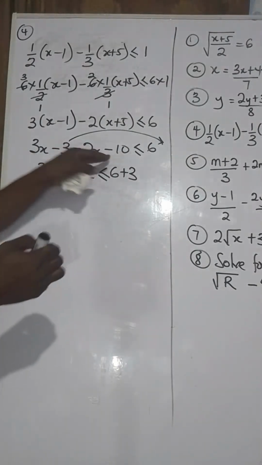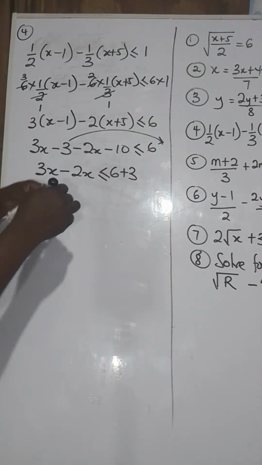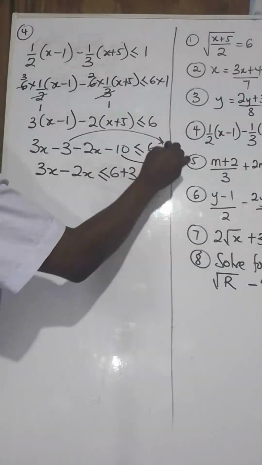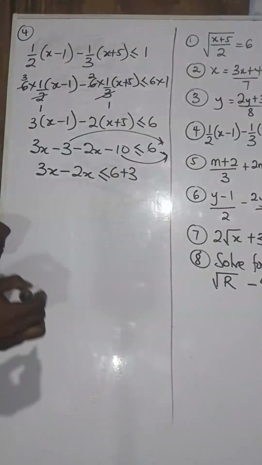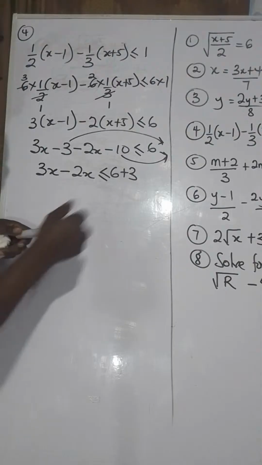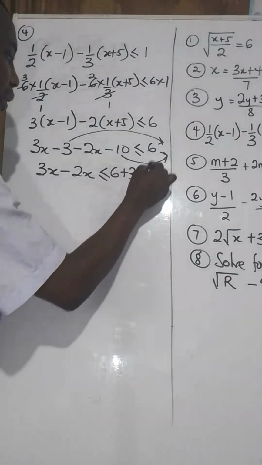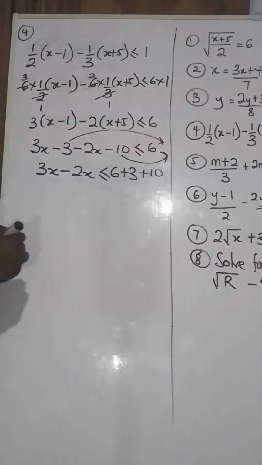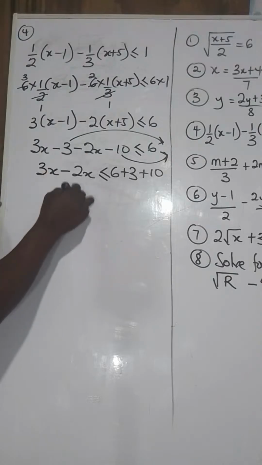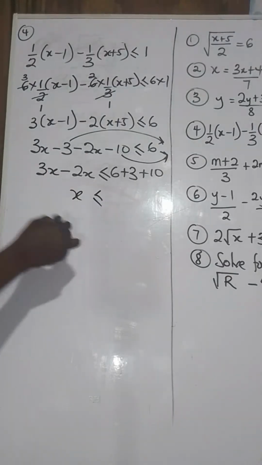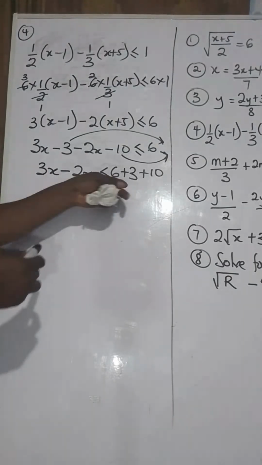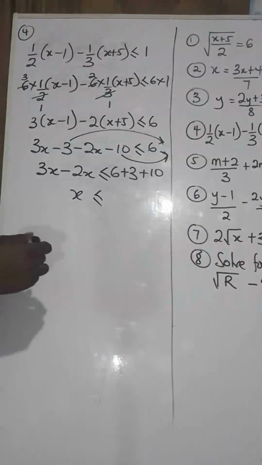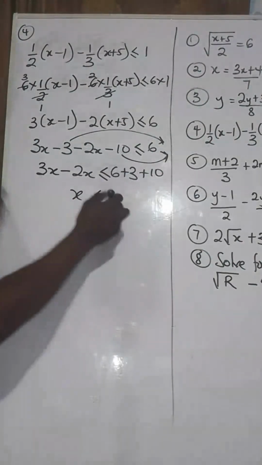Then the negative 10 also moves to the same right side of the inequality, and that will be plus 10. Then obviously we have 3x minus 2x, so that will give us 1x or x less than or equal to, we have, this is 6 plus 3 is 9 plus 10, that is what?